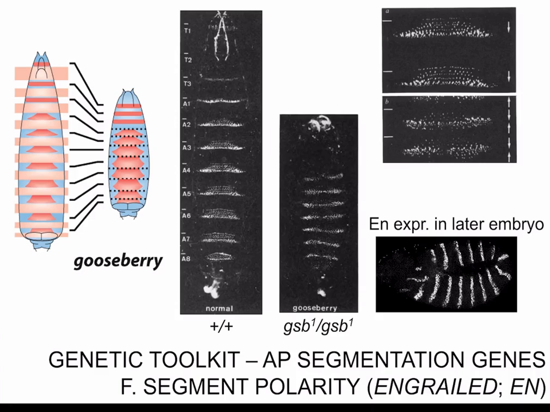Therefore, if you combine all these experiments, both the genetic experiments with the mutant phenotypes as well as the experiments of visualizing where these genes are expressed, you get a picture of basically a coordinate system for the embryo.